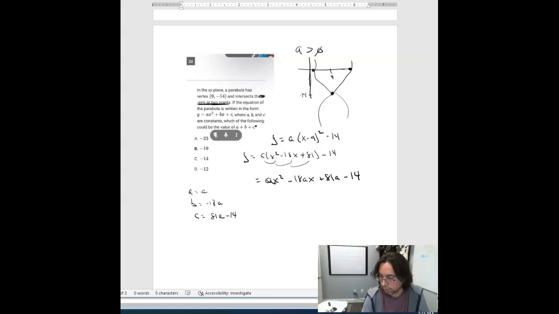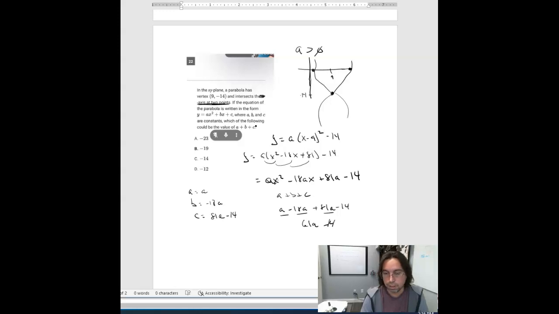As we combine all these together, because we're trying to find a plus b plus c, if we put these in, we've got a minus 18a plus 81a minus 14. Combining like terms, we end up with 61a minus 14.